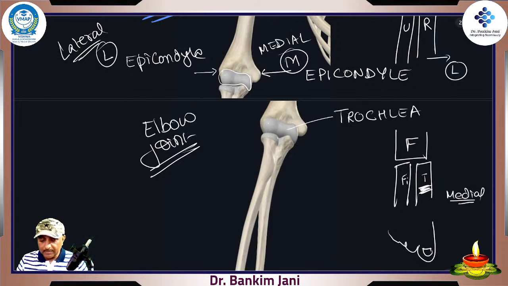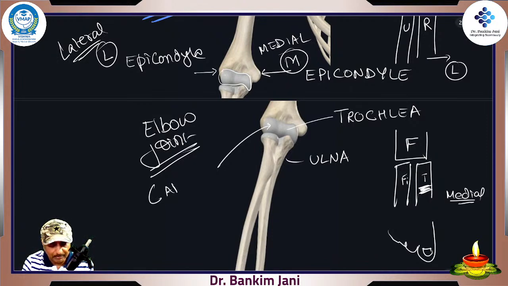Trochlea, right? This one would be the ulna, right? So for that ulna, here is the trochlea. That's how it would move. Fine. The other one, which is so small, just a sort of head, just a sort of cap, is called the capitulum.